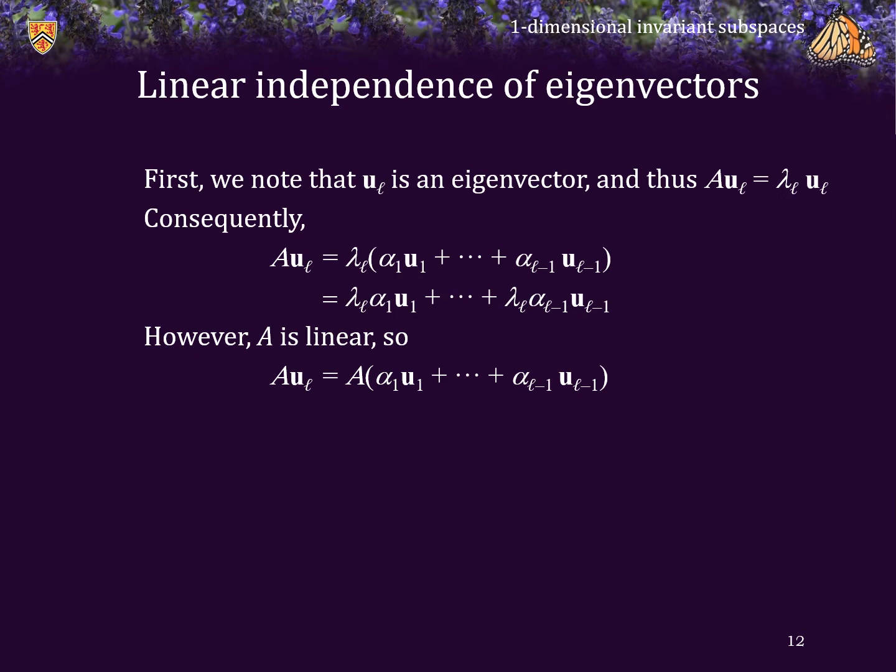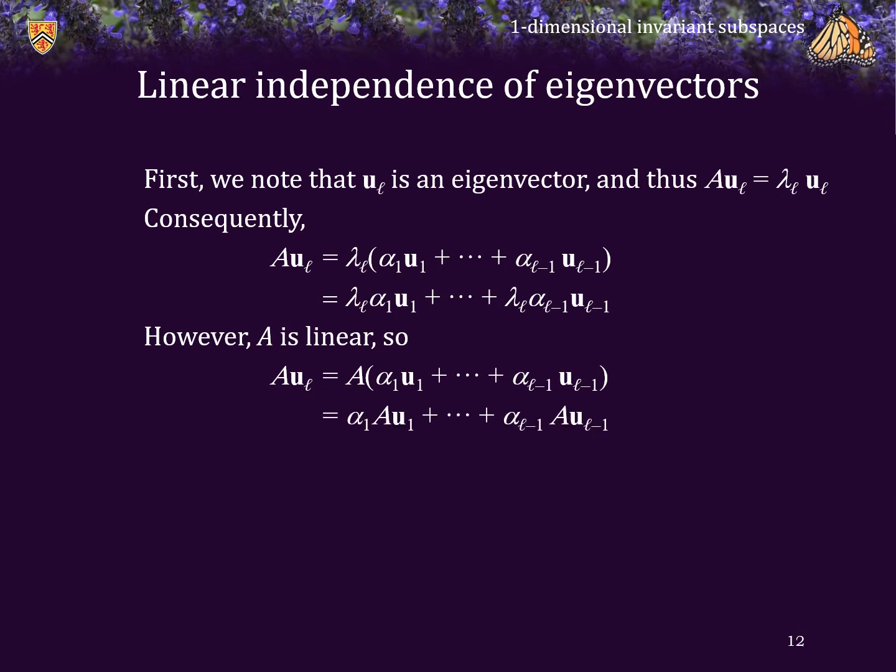However, A is also linear, and therefore A times u sub L is equal to A multiplied by this linear combination. But the linear operator applied to a linear combination is that same linear combination of that operator applied to the individual vectors.